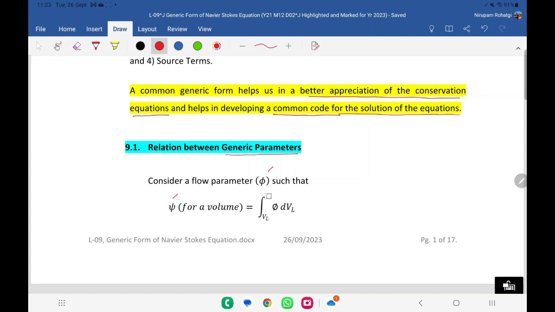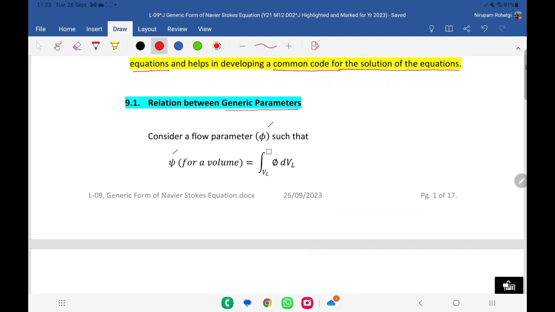Okay, so first we should know what is the difference between phi and psi. Psi is actually defined for a volume. So you have some volume here, which is VL. You can have a volume like this also, any volume you can have. Take the value of phi at all the points and integrate over the volume, you will get psi.